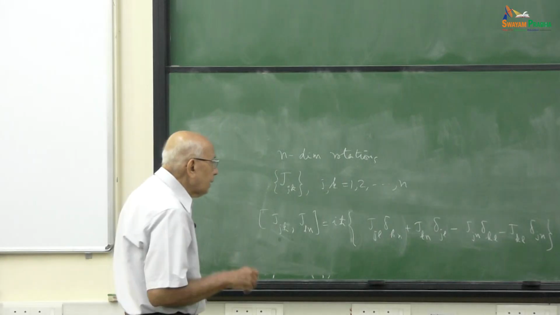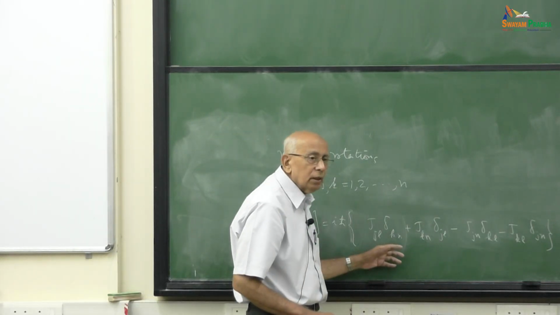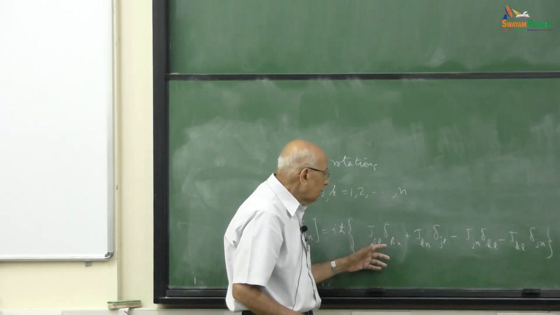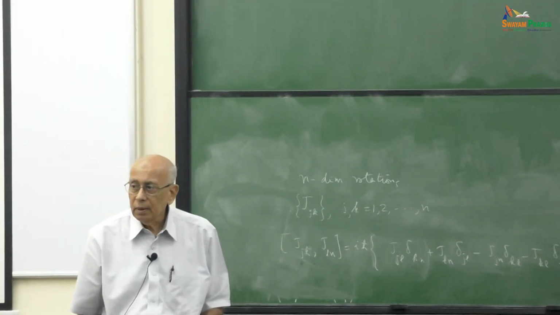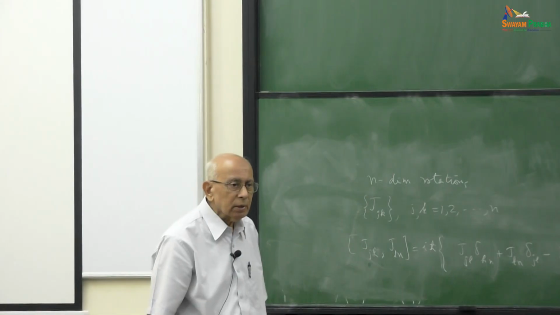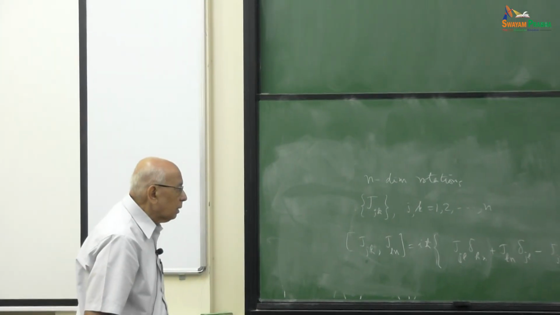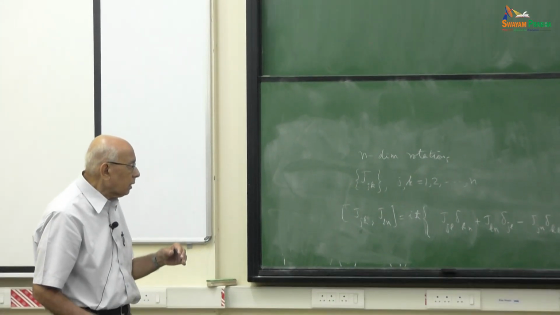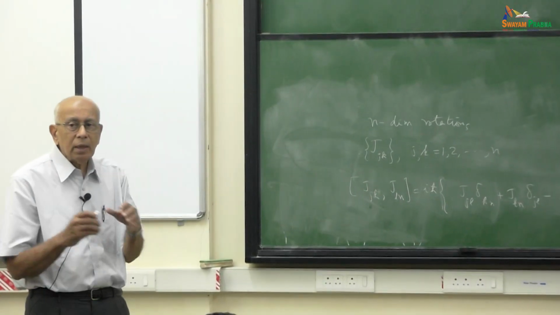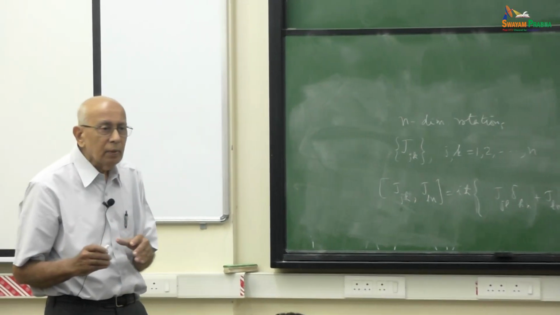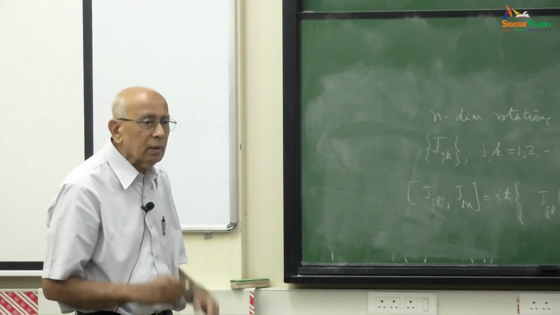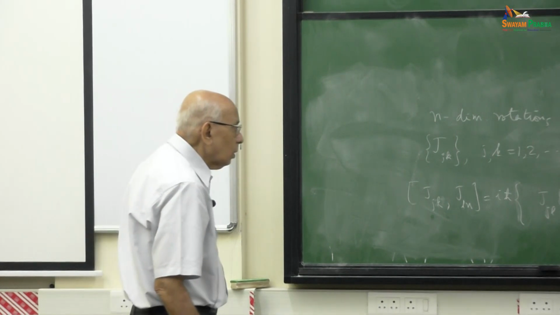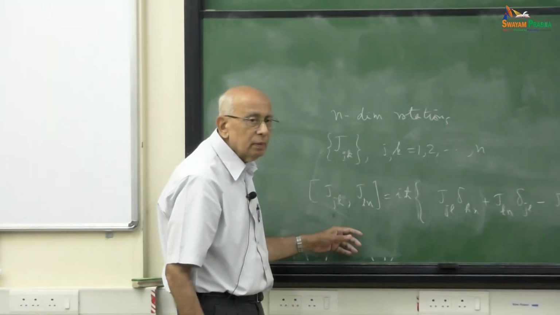If I use the metric tensor here, I could write down the relation for Lorentz transformations, all Lorentz transformations, including boosts as well as rotations. They all follow from similar algebras. So the point that I want to summarize is there's a general structure to this whole business which will handle all sorts of physical transformations in a unified manner. And that's got to do with the algebra of the generators.